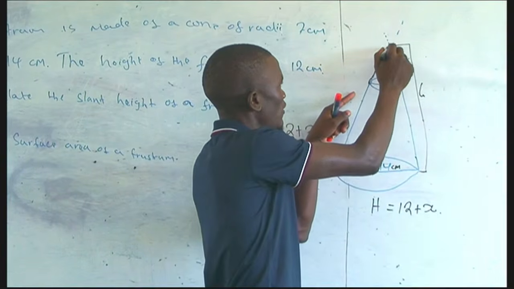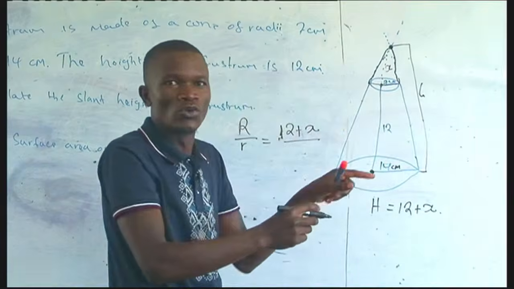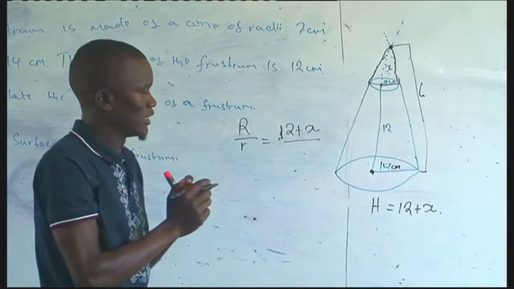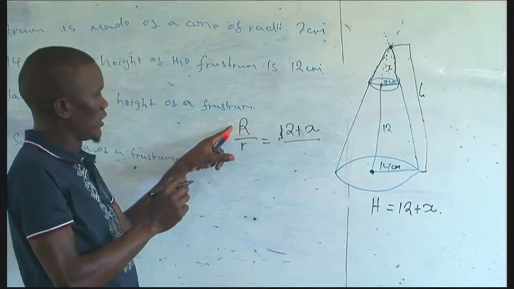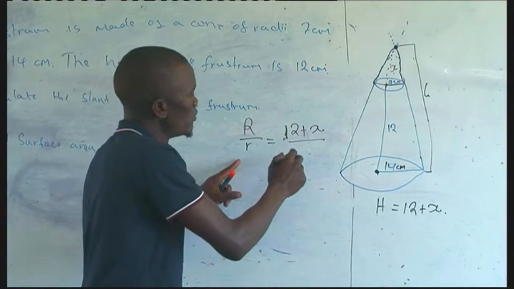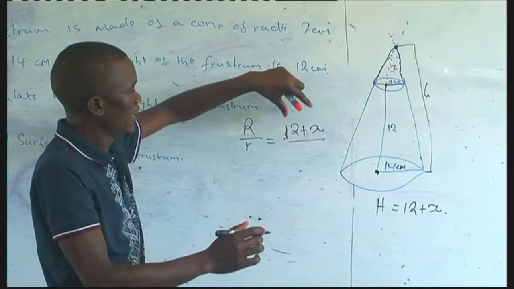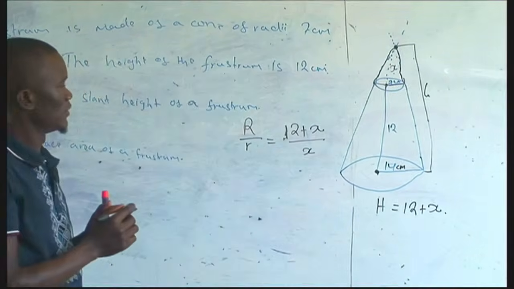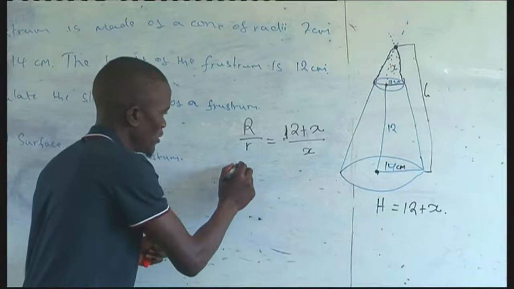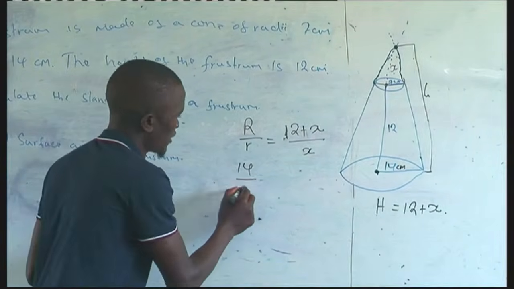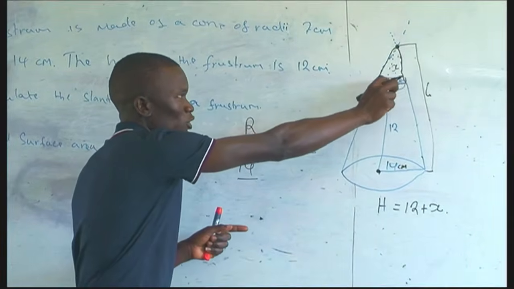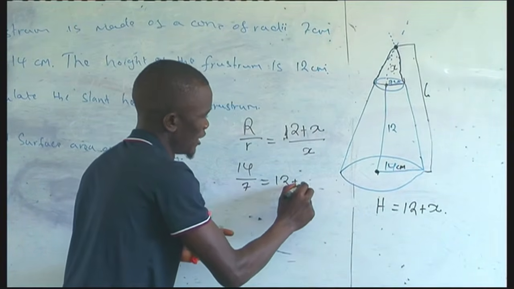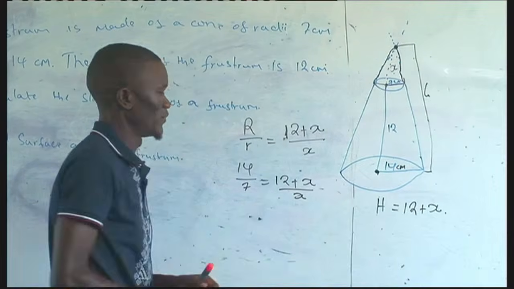It is the part which was cut to come up with the frustum. Its total height is x. So the larger radius, 14, over the smaller radius, 7, is equal to 12 plus x over x.